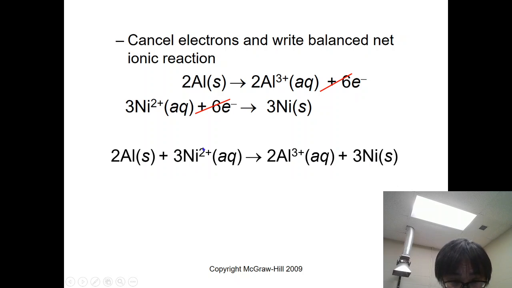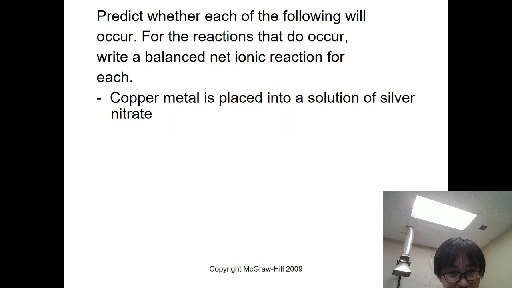The total charge on the left hand side is 6 plus, right? 2 plus, you have 3 of those. So 6 plus. 3 plus, you have 2 of those on the product side, which is 6. So 6 positive charge on the left, 6 positive charge on the right. So everything is conserved. This is exactly what we need. So you're going to have to do this redox reaction using the half reactions to create the complete reaction.